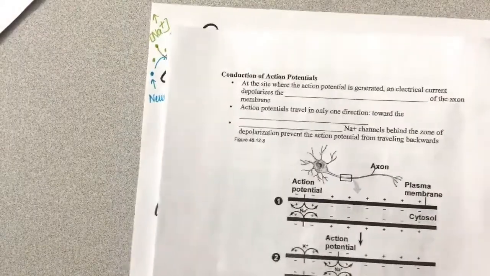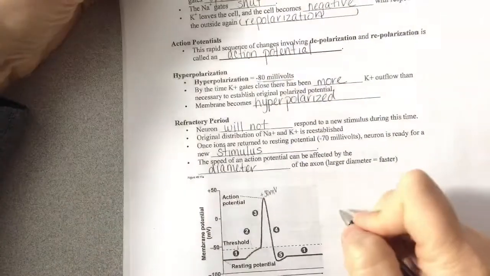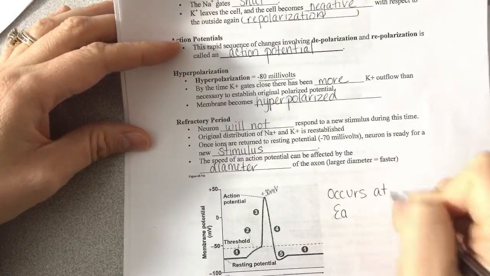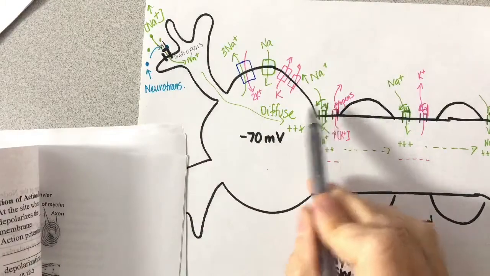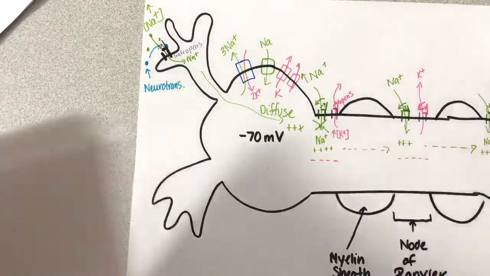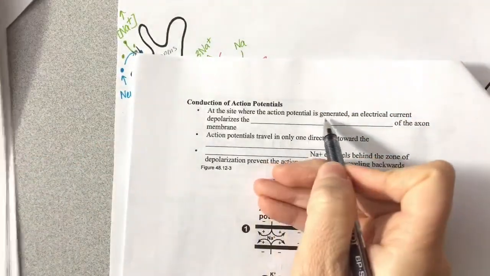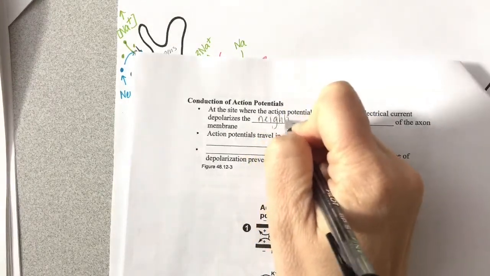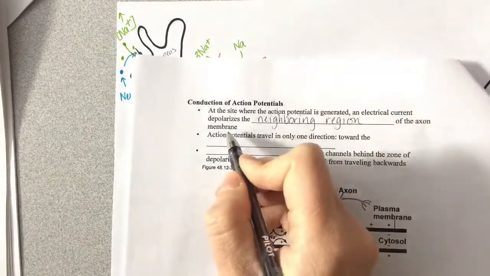So let's go back to our notes. The conduction of action potential. I'm going to write here that this process occurs at each node, so that an action potential will occur here, here, here, and so on until you reach the end of your axon. At the site where the action potential is generated, an electrical current depolarizes the neighboring region of the axon membrane.